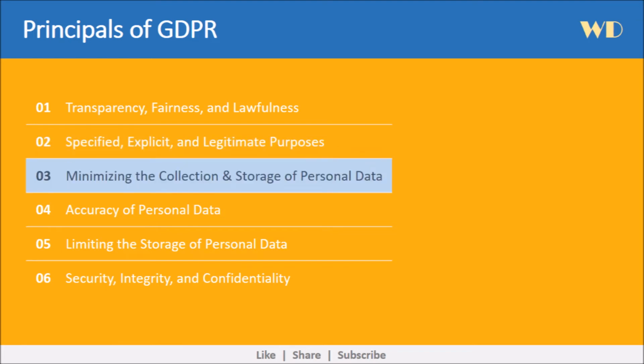Moving on, third on the list is minimizing the collection and storage of personal data. This principle asks you to collect and store data which is adequate and relevant for the intended purpose only. We need to ensure that we only collect personal data we actually need for our specified purposes. Let's understand an example for this principle. A recruitment agency places workers in a variety of jobs.